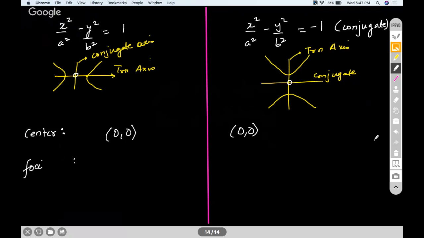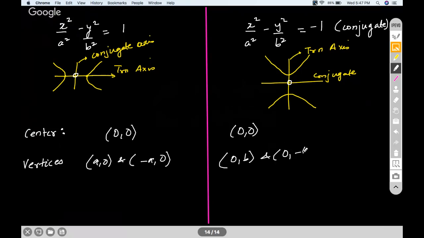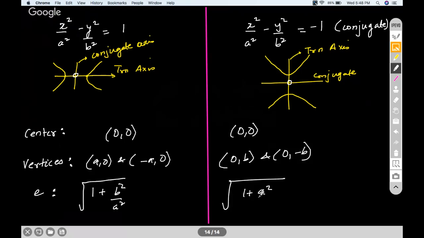Before foci, we'll talk about vertices. Vertices would be a comma 0 and minus a comma 0. Here it would be 0 comma b and 0 comma minus b. Eccentricity is the square root of 1 plus b square by a square, and in this case it will be the square root of 1 plus a square by b square.